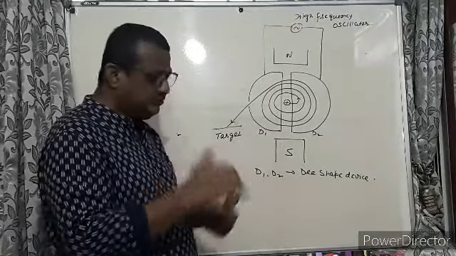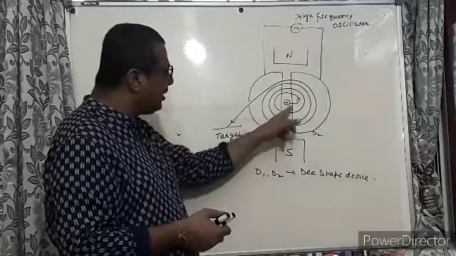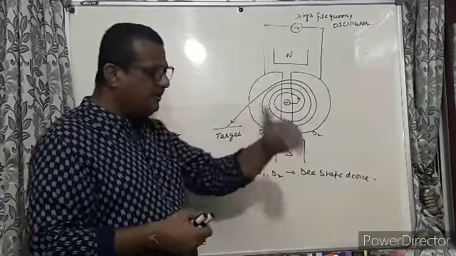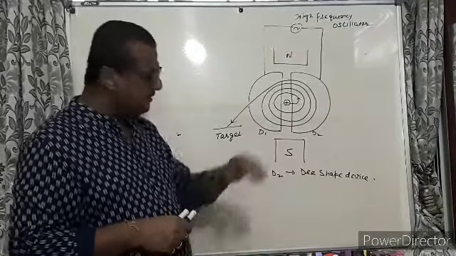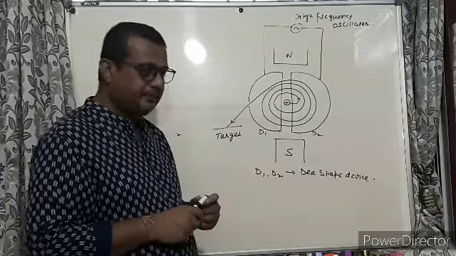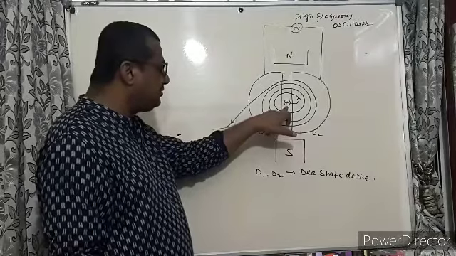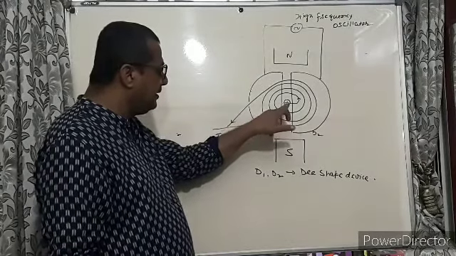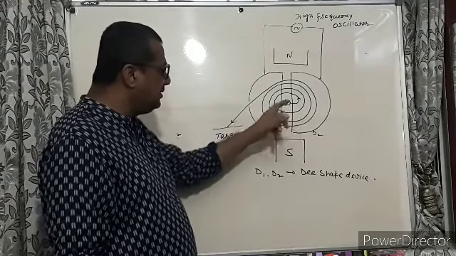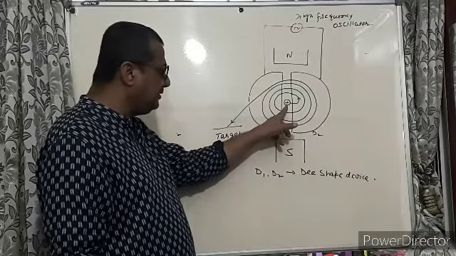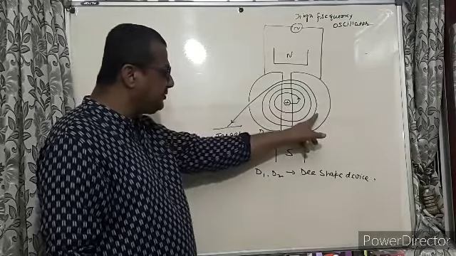Now, due to the acceleration there is no complete circle. Every half semicircle its radius increases. So how does it start? We should know. This positively charged particle is kept in between the D's.